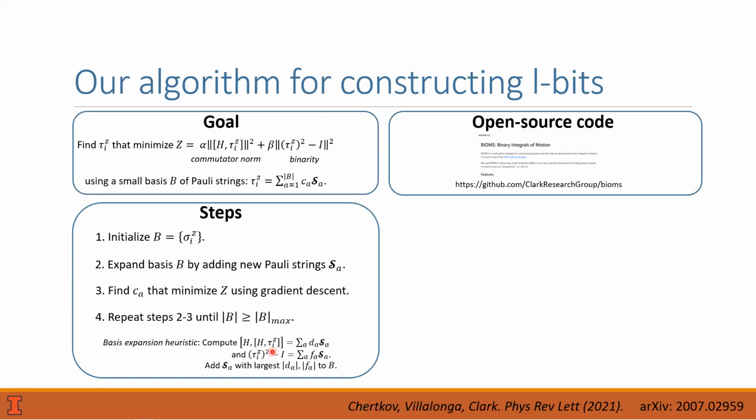And now the idea is you want to cancel that remainder. To figure out what Pauli strings you want to add to cancel it, you need to take another commutator with the Hamiltonian. So that's why there are these two commutators. You take two commutators, and then you'll get some list of Pauli strings. And we choose basically the Pauli strings here that have the largest coefficient.